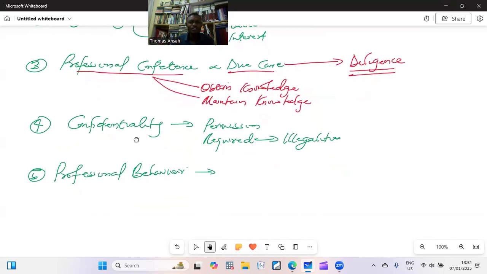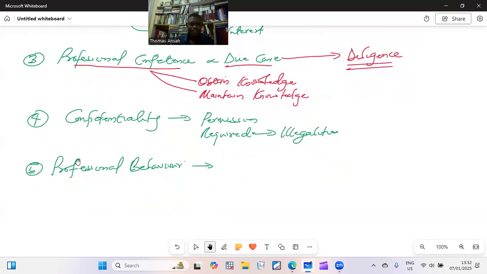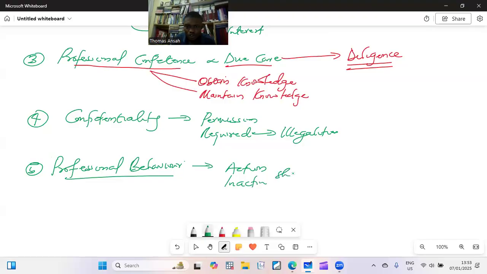If you don't hold information, people will say you talk too much. In fact, the good book says be patient in talking, but be quick to listen. So don't talk too much. So do not behave in any way that will bring disrepute to the profession. Your activity, your actions, and your inactions should not bring disrepute to the profession.